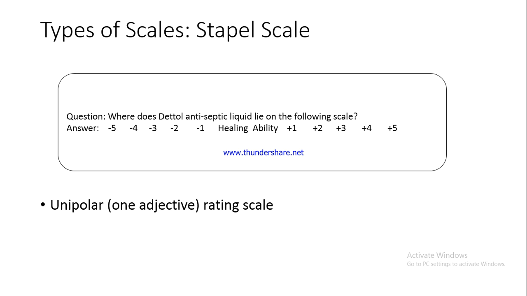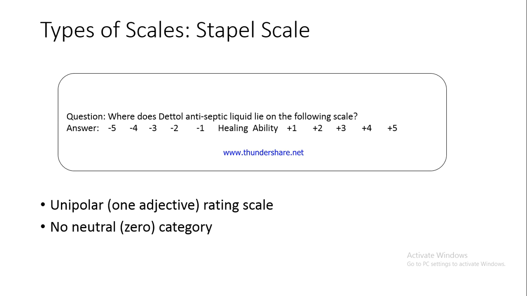Now, what is the advantage of this kind of a scale? But you also need to bear in mind that there is no neutral category in a Stapel scale. So basically, if you look at the response categories, you have got 10 different response categories, and healing ability has been written so that the respondent understands the basis on which he will have to mark his responses.